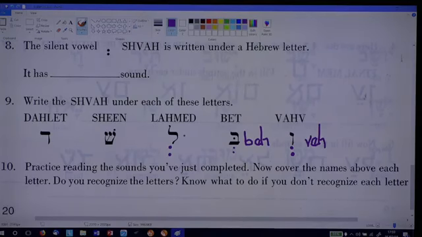And this is pronounced le. And this shin or sin is she.